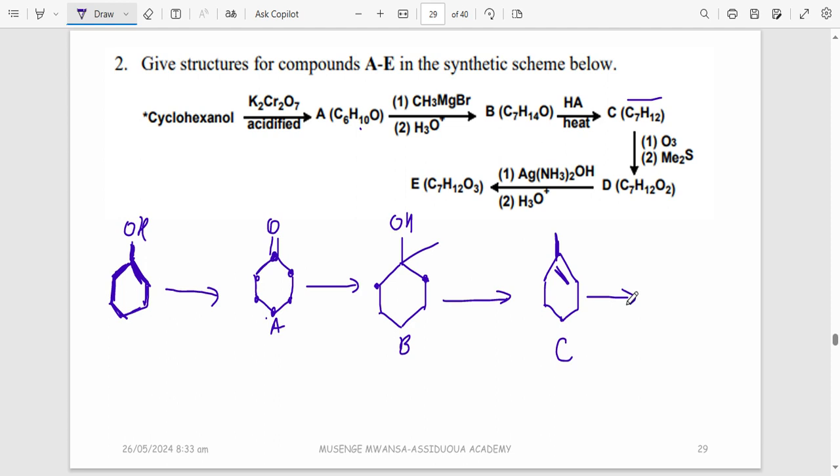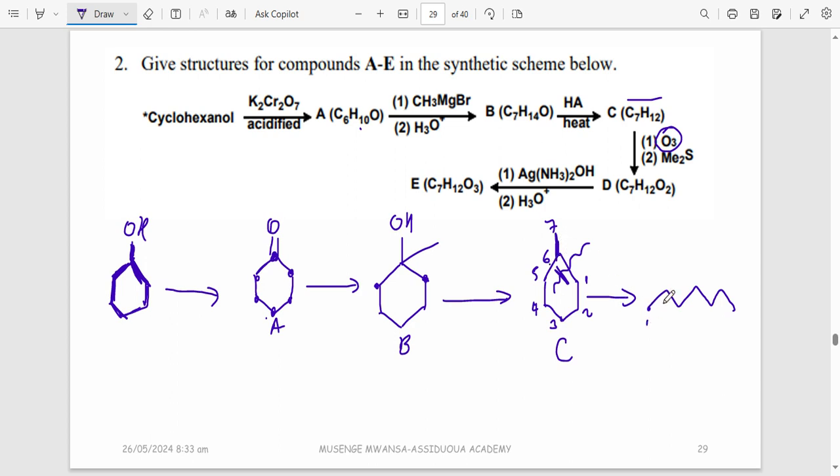And then the next thing, we are reacting with ozone. Now this is ozonolysis. Remember, when you react an alkene with ozone, you break the bond in the middle. So this is going to be a carbon here, a carbon, a carbon, a carbon, a carbon, a carbon, and carbon number 7.